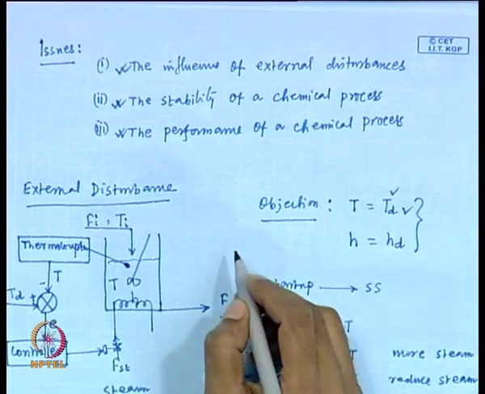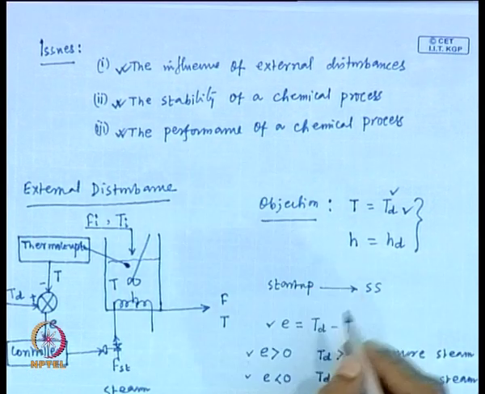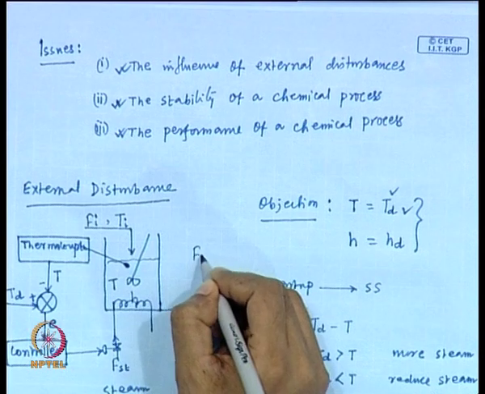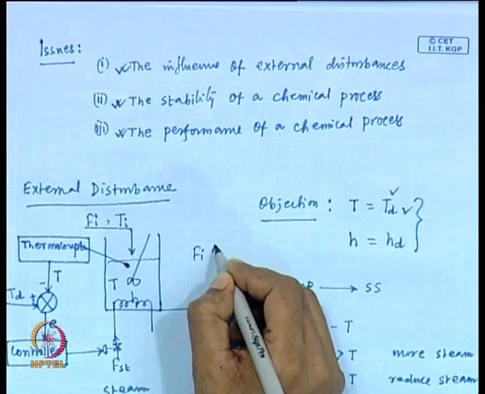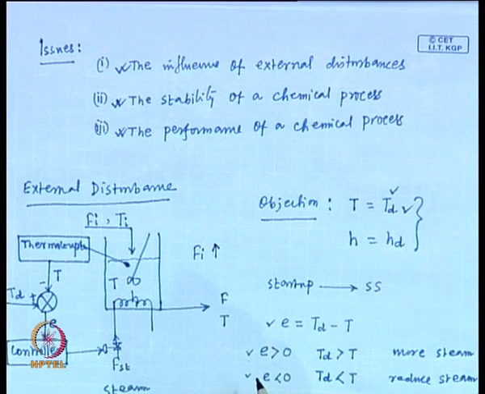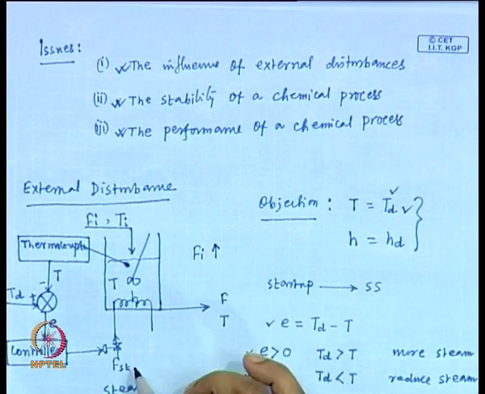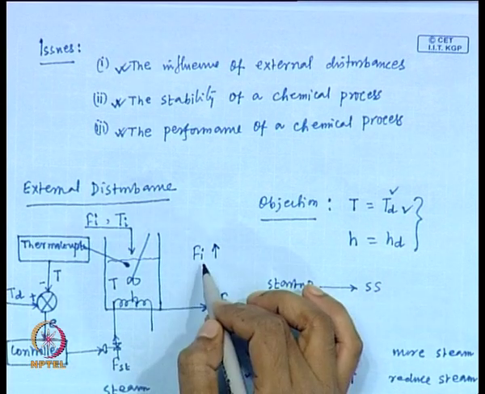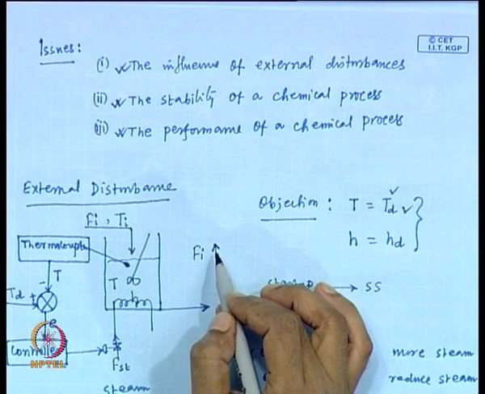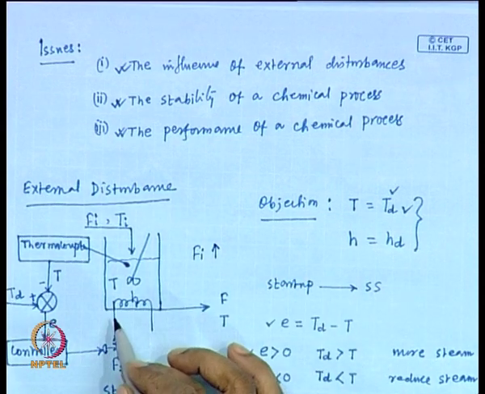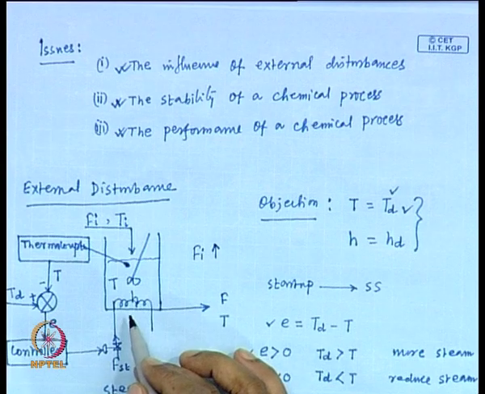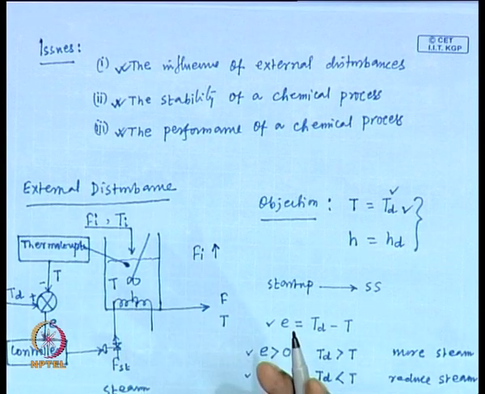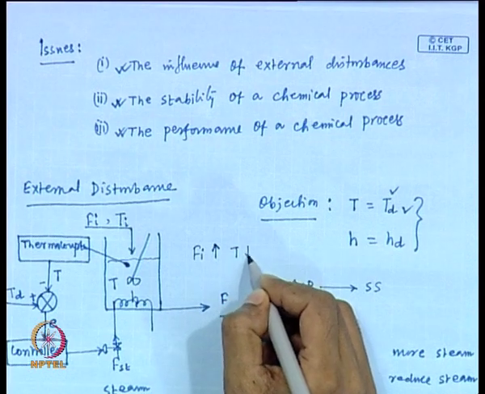Suppose feed flow rate has been increased, this F i feed flow rate increases. Now, there is no change of the inlet steam flow rate, only change is in F i. If F i increases and F st remains same, then what happens? Temperature increases or decreases? Temperature decreases.